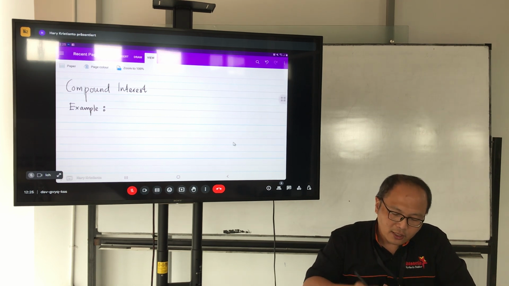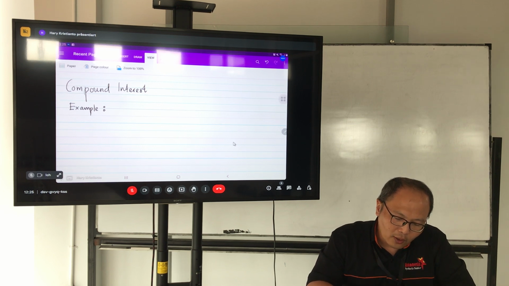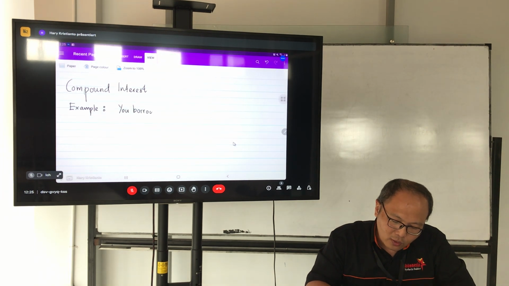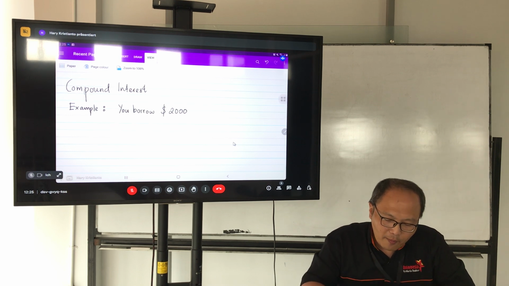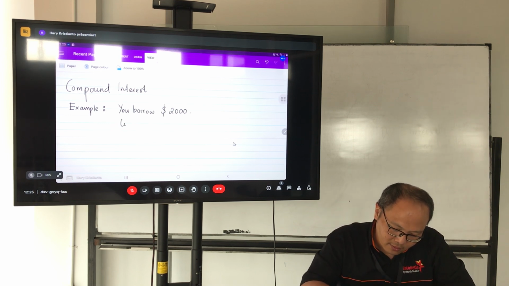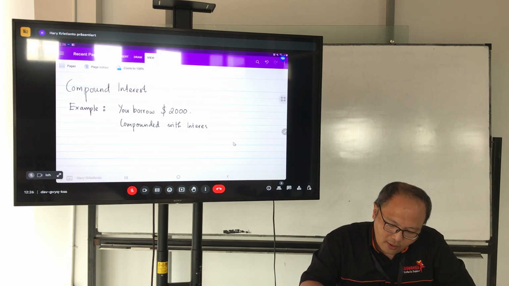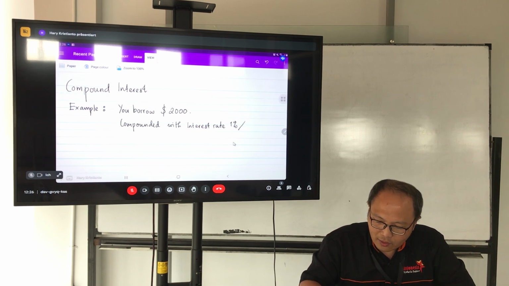Yes. So for instance, you borrow another $2,000 from me, but this will be compounded with an interest rate of 1% per year, per annum.